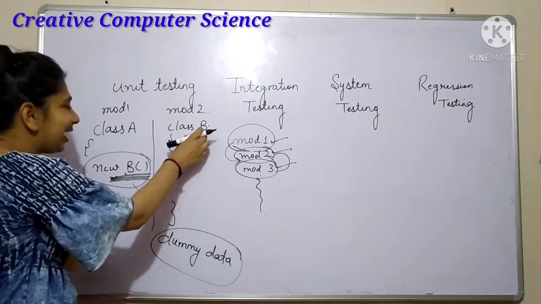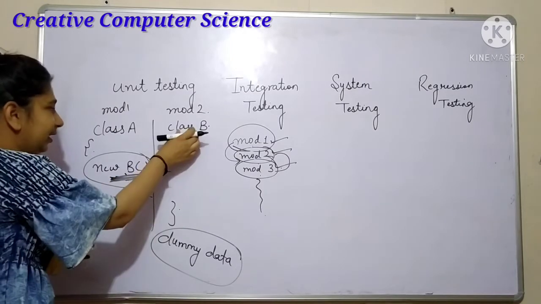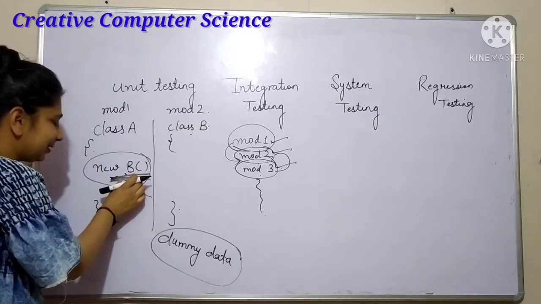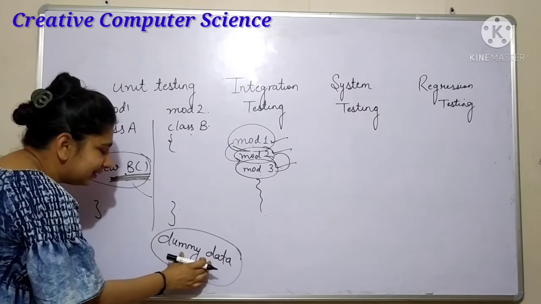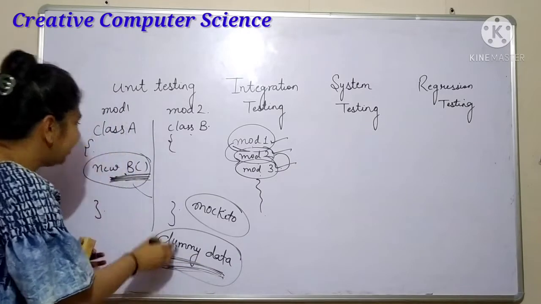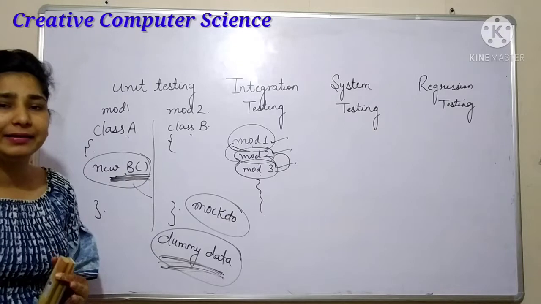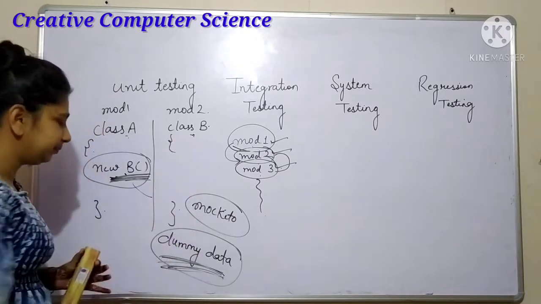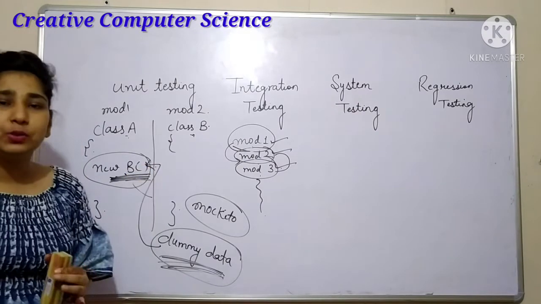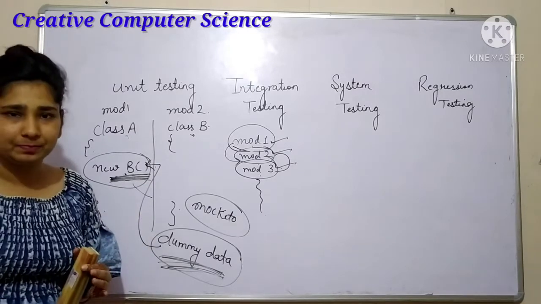I am not calling class B, but whatever data class B provides to class A, I give that data as dummy data from my side, so that class A becomes independent of class B and I can test it independently.